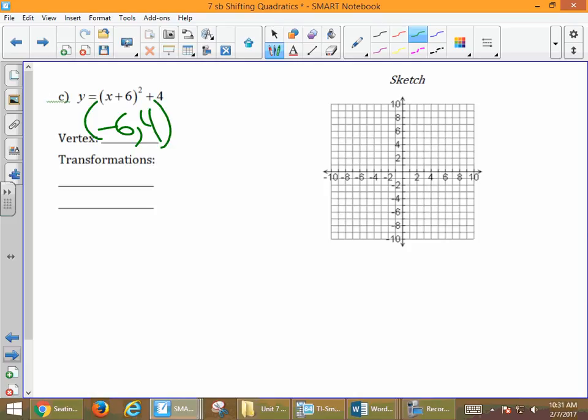And then, Maddie, do you know the transformations that are happening to this one? Up 4, left 6. And so we see that's +4 on the outside, so we move up 4, and it's +6 on the inside, so we shift to the left by 6.